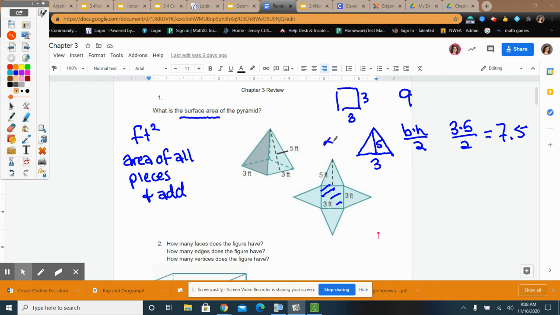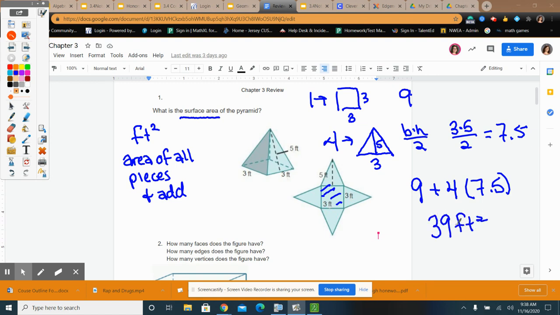But there are 4 triangles. There are 4 triangles and there's one square. So we're going to take 9 plus 4 times the 7.5. And that gives us 39 feet squared.